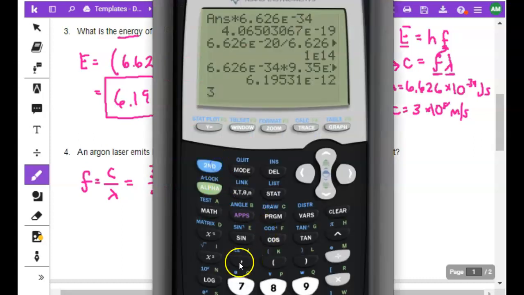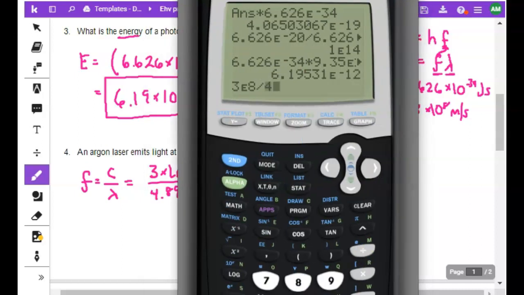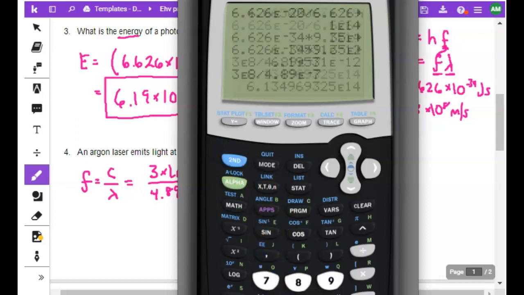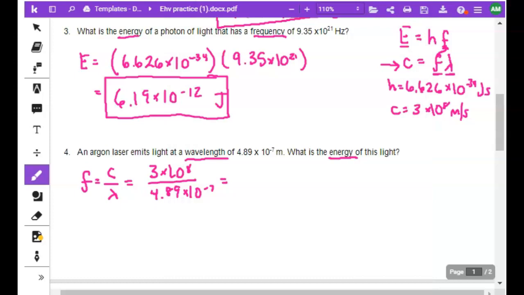So 3E8 divided by 4.89E negative 7, and I get 6.13 times 10 to the 14th. That's not my answer. Did I say negative? No, positive 14.